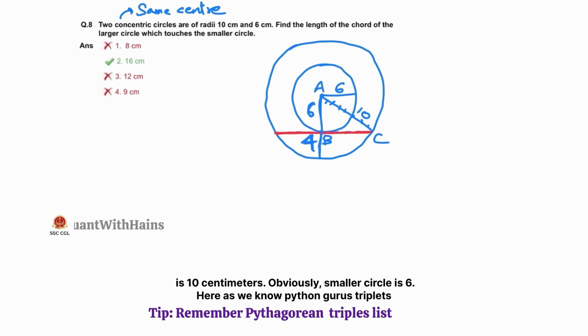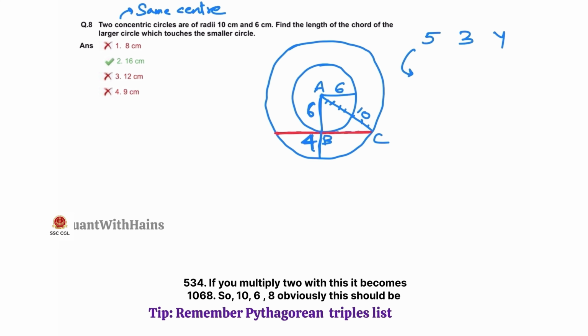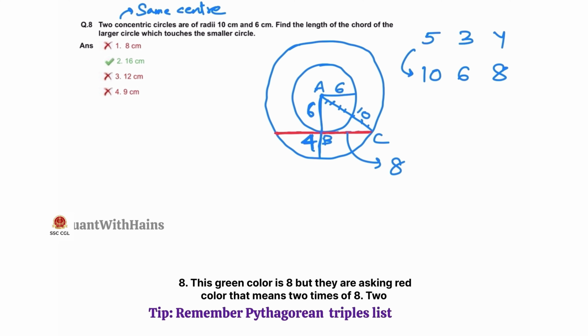Here, as we know, Pythagoras triplets 5, 3, 4. If we multiply by 2, it becomes 10, 6, 8. So 10, 6, obviously this should be 8. This green color is 8.